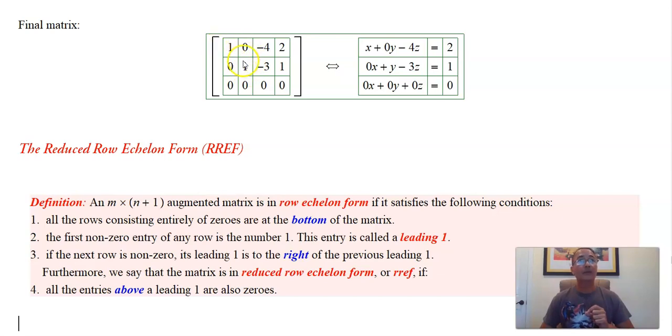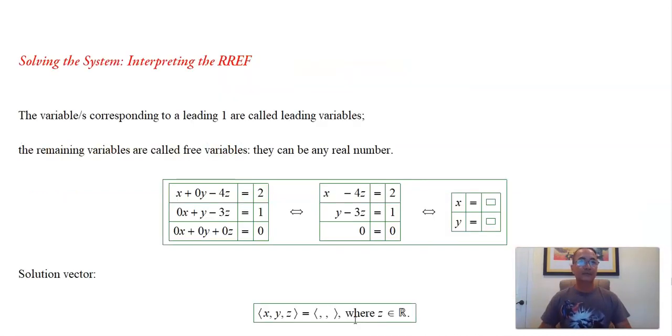There are only 2 leading ones. There's obviously nothing above that leading one, but above this leading one is a 0. So a matrix that has the first 3 conditions satisfied is said to be in row echelon form. But if you also fulfill the last condition, where all the entries above the leading one are also 0, then you get a matrix which is in REF.